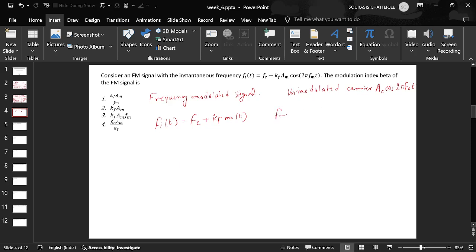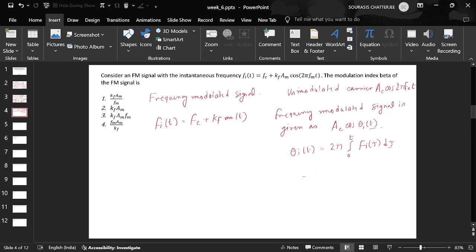And your frequency modulated signal is given as Ac cos theta_i(t), where theta_i(t) has this following expression: 2 pi integral over 0 to t of fi(tau) d tau.